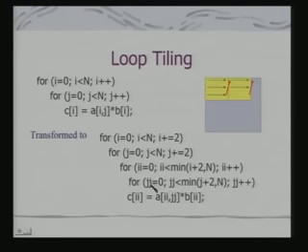And using these two indices, I have introduced an inner nested loop. In fact, in that inner nested loop, for a particular value of j and a particular value of i, ii goes from i to the minimum of i plus 2 and n.